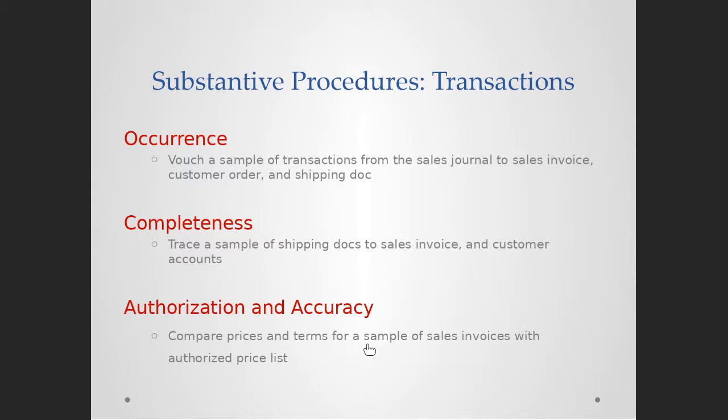So this is authorization as well as accuracy, because checking that it is the right amount is also checking accuracy. And then while you're at it, you look at the calculations also. If it's multiplied or added in the invoice, you want to make sure that they're accurate as well. Is that clear? So both of these assertions are tested at the same time.